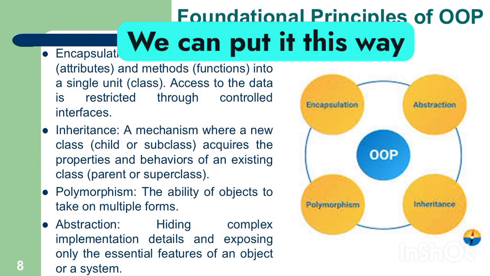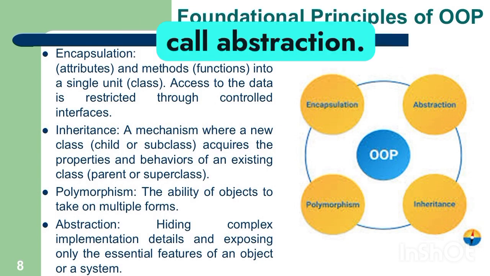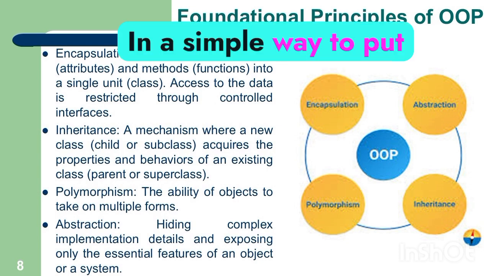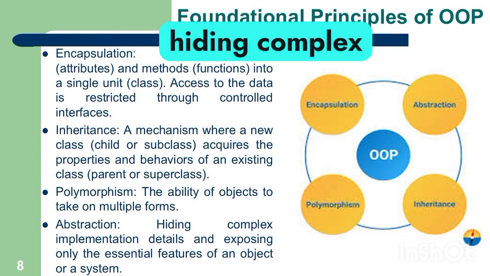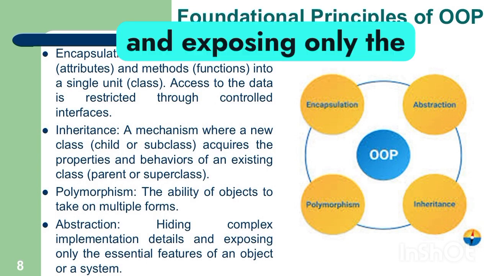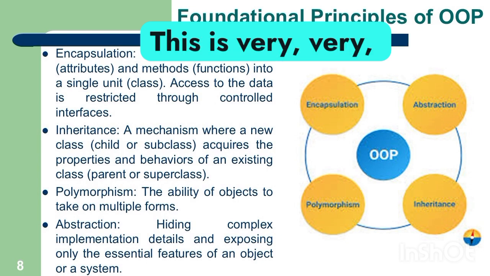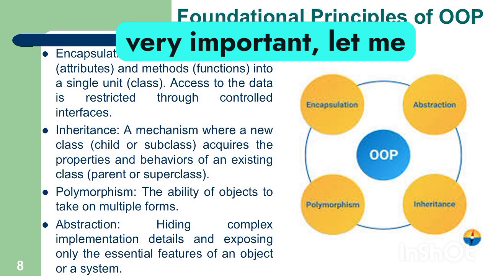We can put it this way: we have what we call abstraction. In a simple way to put this, abstraction is just hiding complex implementation details and exposing only the essential features of an object in a system. This is very, very important, let me tell you.